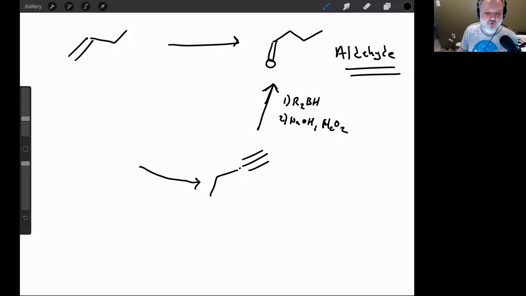So carbon-carbon bond formation may work, but it's not going to be synthetically practical, because we already have all the carbons that we need. And so we're going to end up either using more carbons than we need to, or wasting some carbons somewhere along the line. And so I'm not going to think about carbon-carbon bond formation. I'm going to think about the other way that I know how to make alkynes, and that's through elimination.